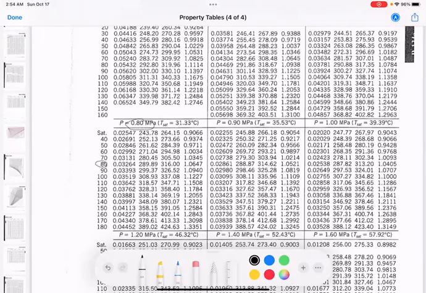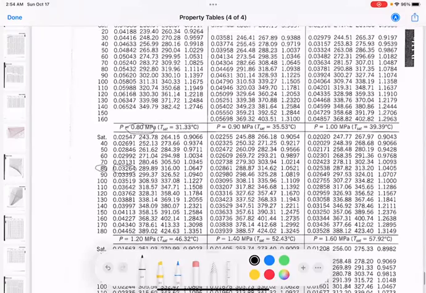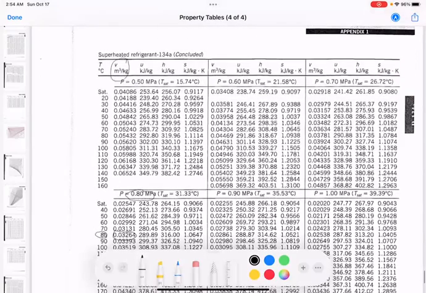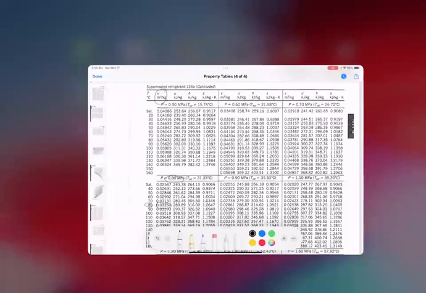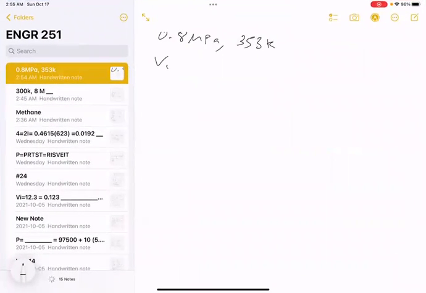And we're looking for the specific volume, which is the first column. We can just check here. Yep, it's the first column. So we see the specific volume at 0.03264. So let's write that down here. And of course, it's meters cubed per kilogram. So that's as simple as that gets. It's using the thermodynamic property tables.